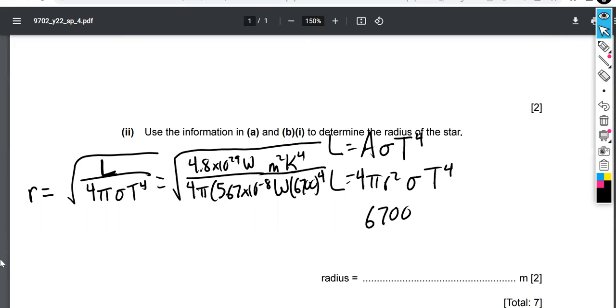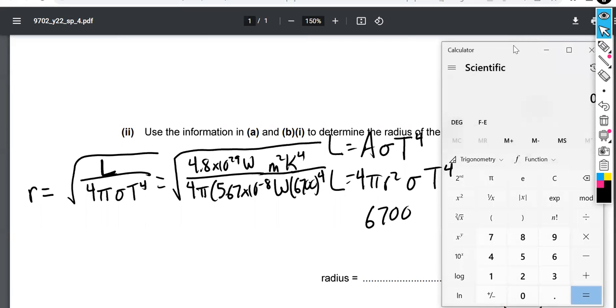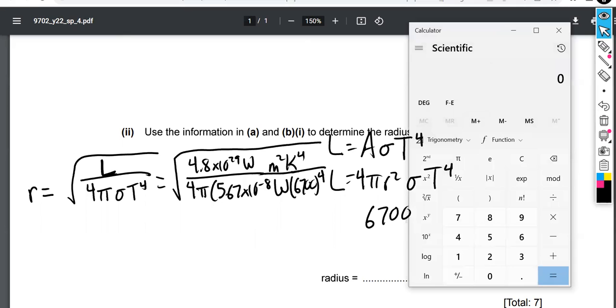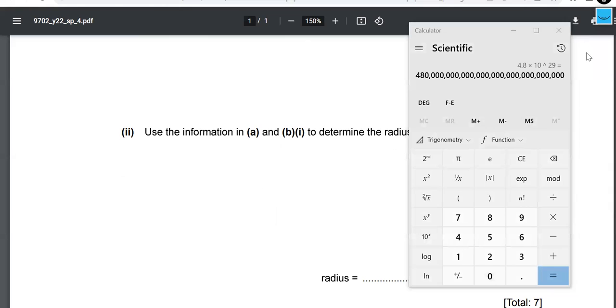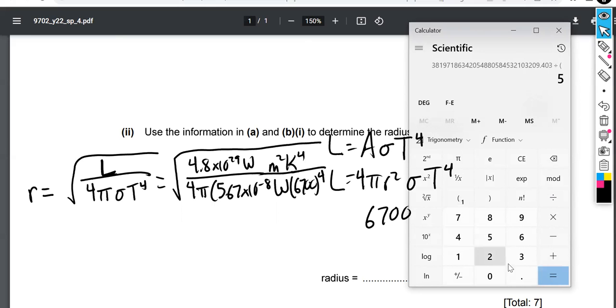All right, I'm going to work through this on the calculator too. So typing all this in here, we've got 4.8 times 10 raised to the 29th power. That's the numerator, divided by 4, divided by pi, divided by Stefan Boltzmann constant, 5.67 times 10 raised to the negative 8.